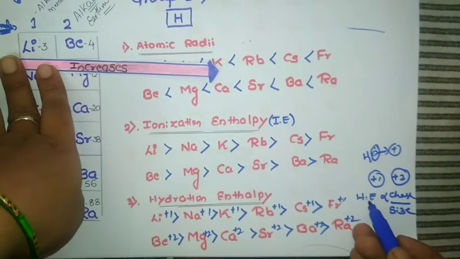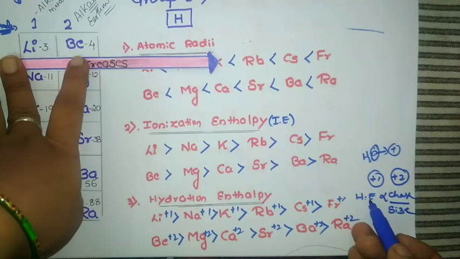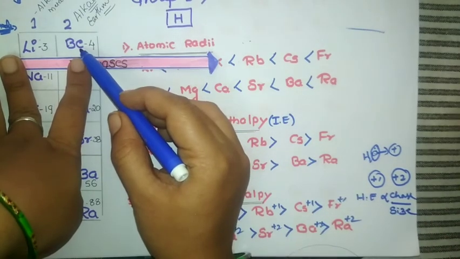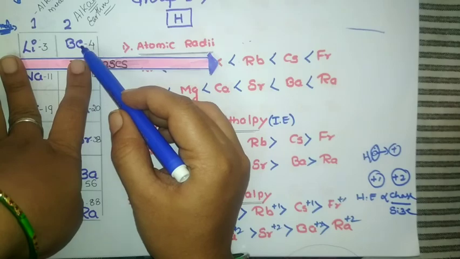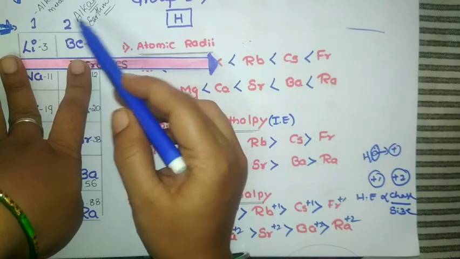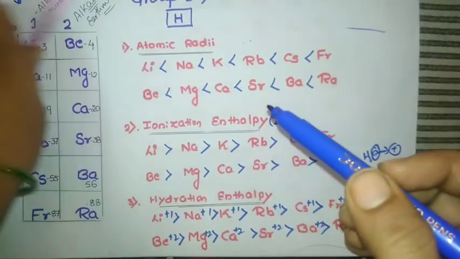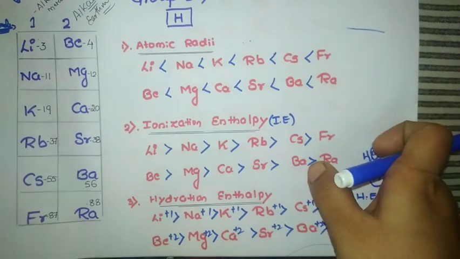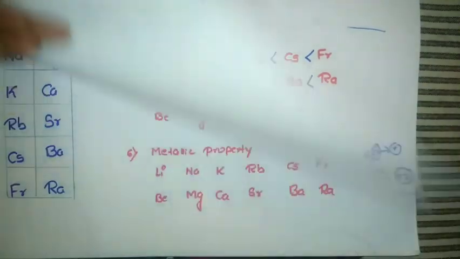The more the charge, the more the hydration enthalpy. On both points we could say beryllium with +2 charge has more hydration enthalpy compared to lithium. The more the hydration enthalpy, the more the stability. Do remember that point.